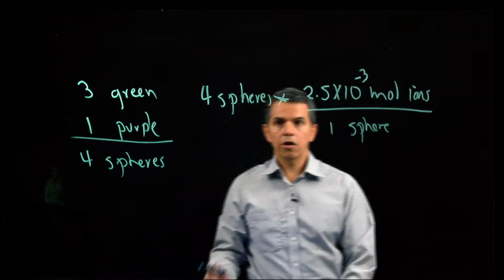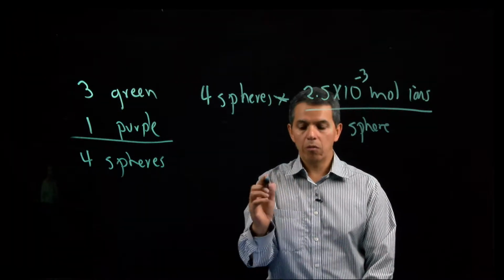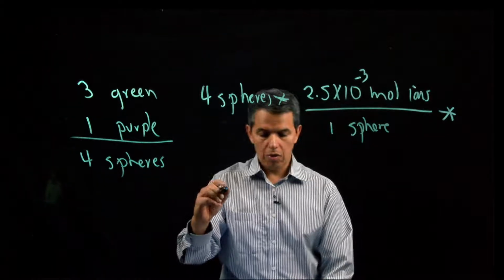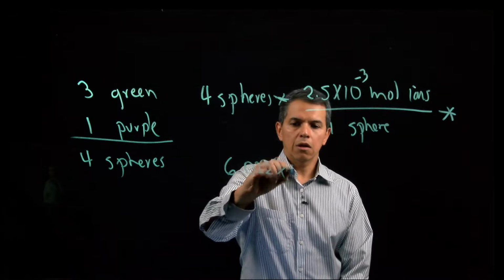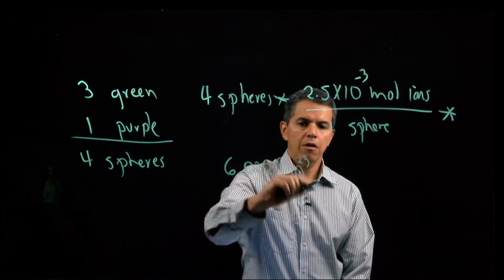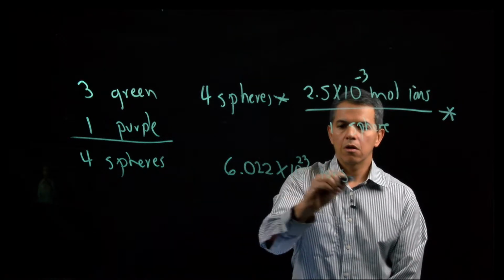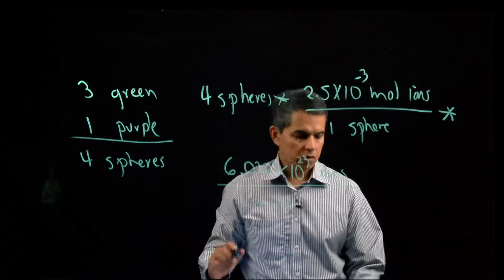Since spheres are going to cancel out with spheres and we're going to get moles, and we need to have number of ions, we are going to multiply this by Avogadro's number, 6.022 times 10 to the 23rd ions per 1 mole of ions.